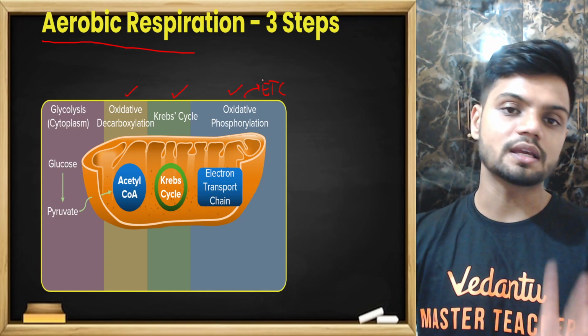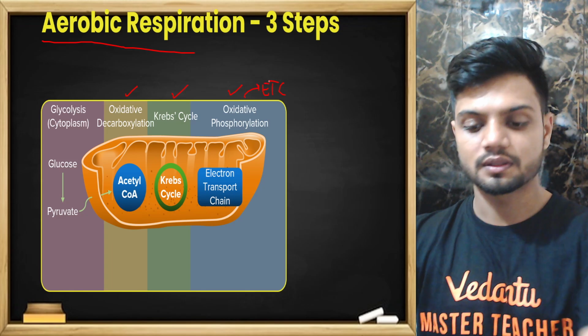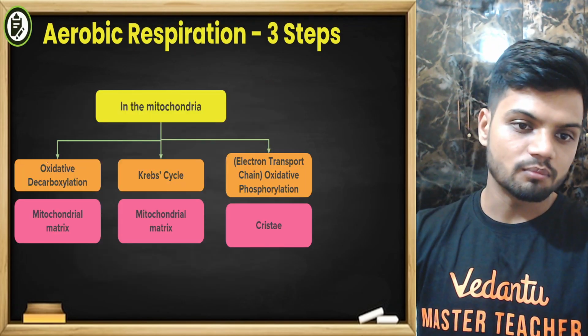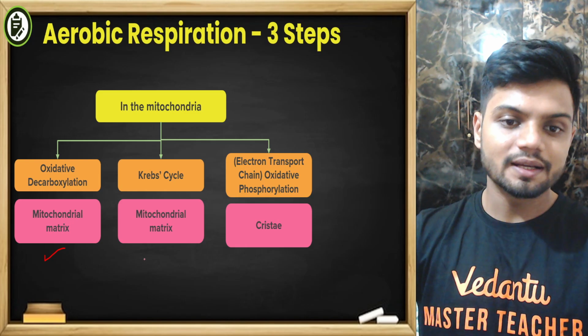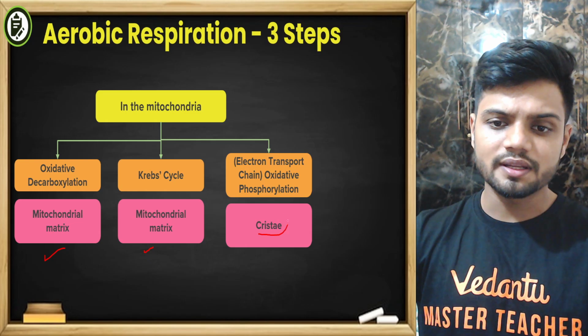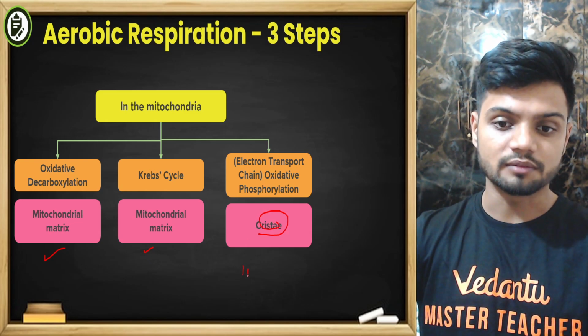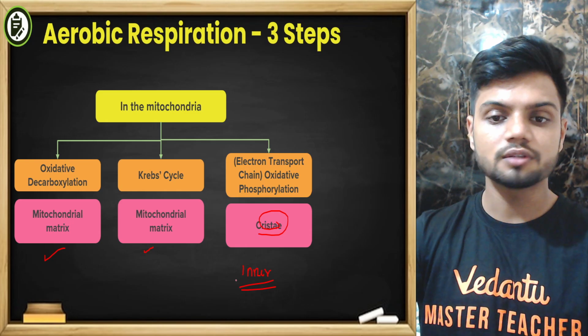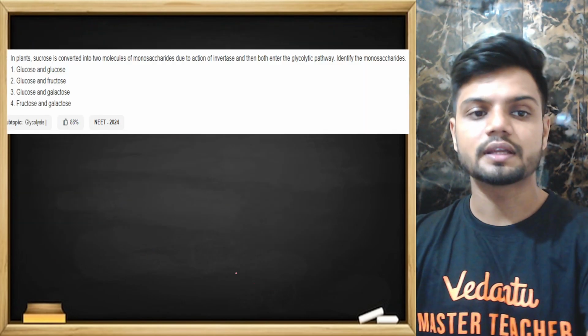Oxidative carboxylation and the Krebs cycle occur in the mitochondrial matrix, and the electron transport chain occurs on the cristae, the inner mitochondrial membrane.